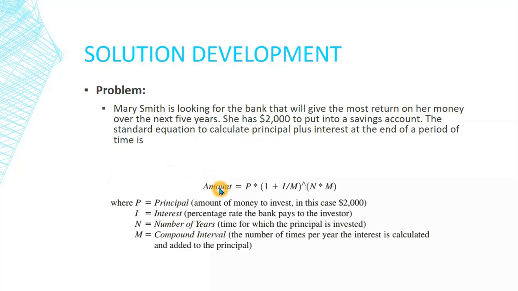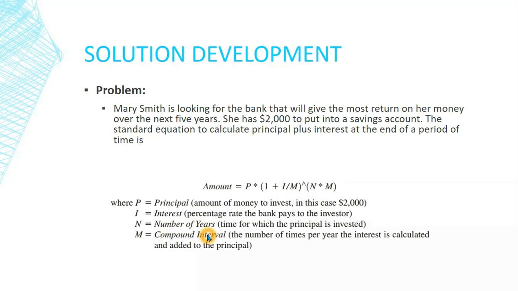If you deposit any amount of money in a bank, it will grow according to this equation. So the amount will be the principal, the original amount, multiplied by 1 plus interest divided by M. M is the compound interval.